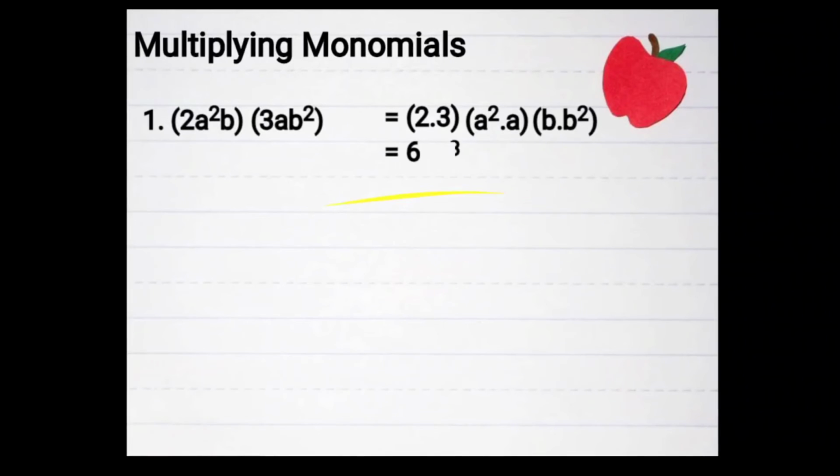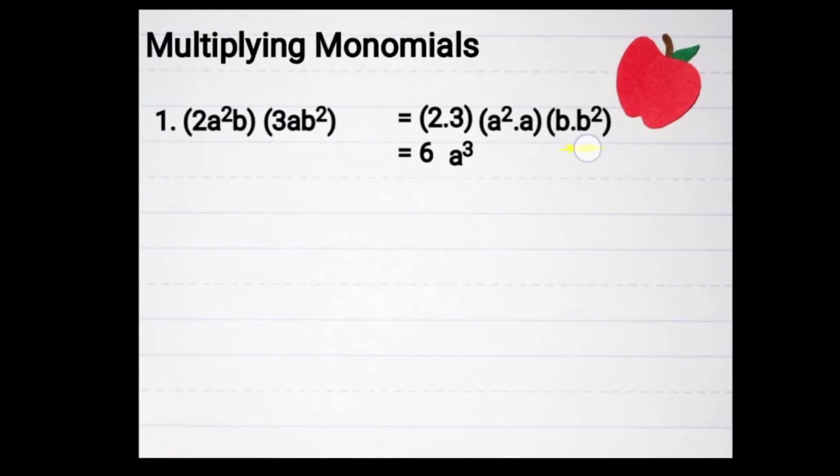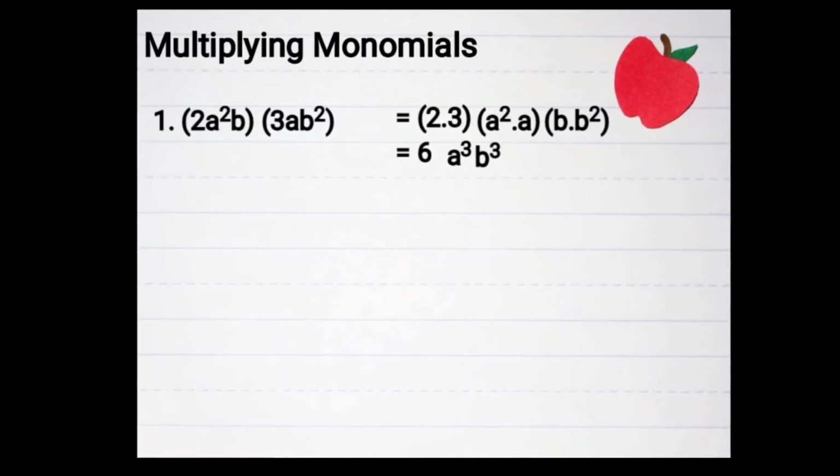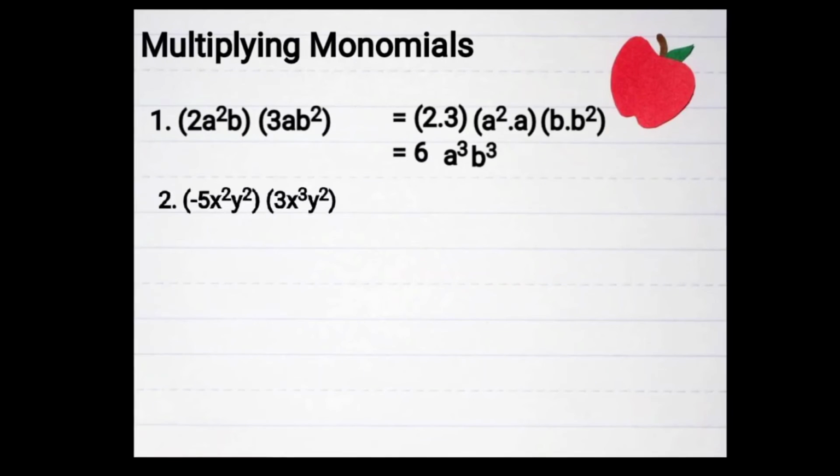That's why we have a cubed. Then here, let's apply the first law also. So we have 1 plus 2 is 3. That's why we have b cubed. So for number 1, the final answer is 6a cubed b cubed.